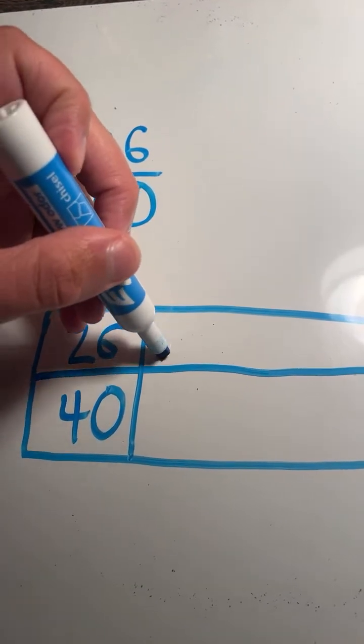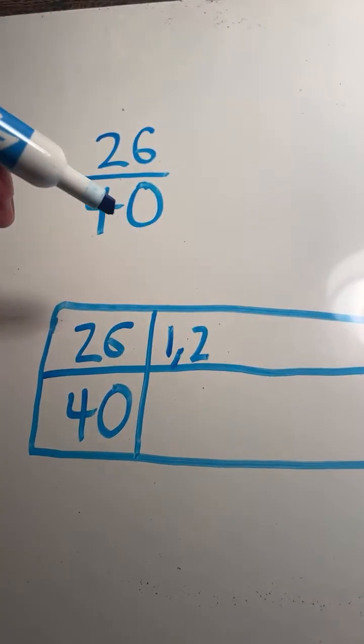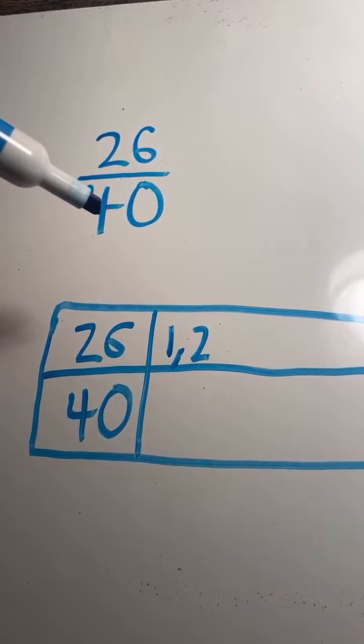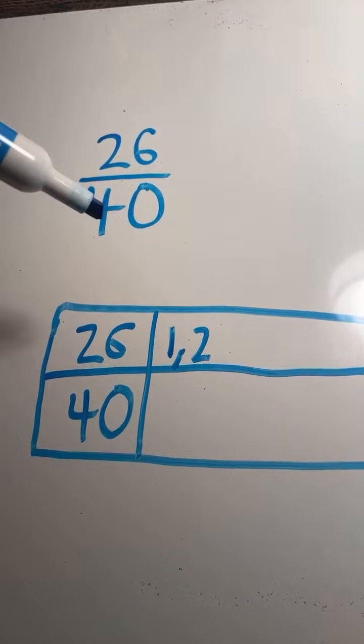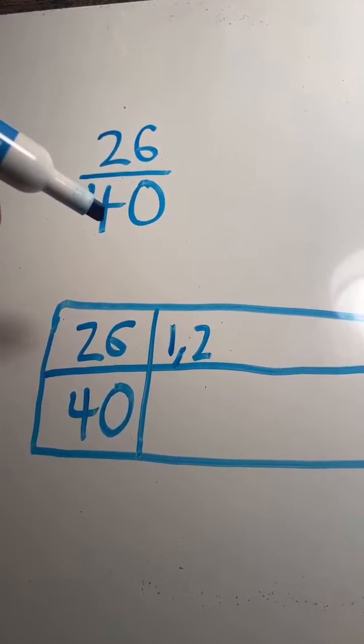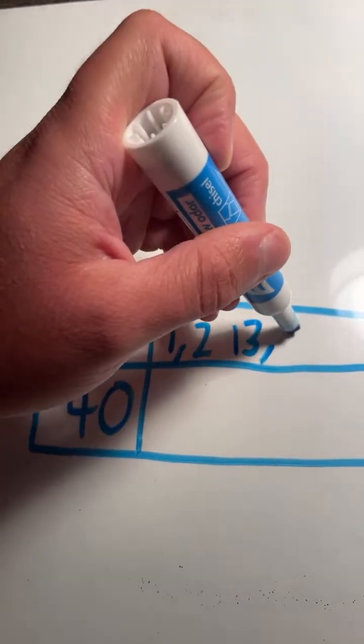So factors of 26, we have 1, we have 2, we have 13, and we have 26.